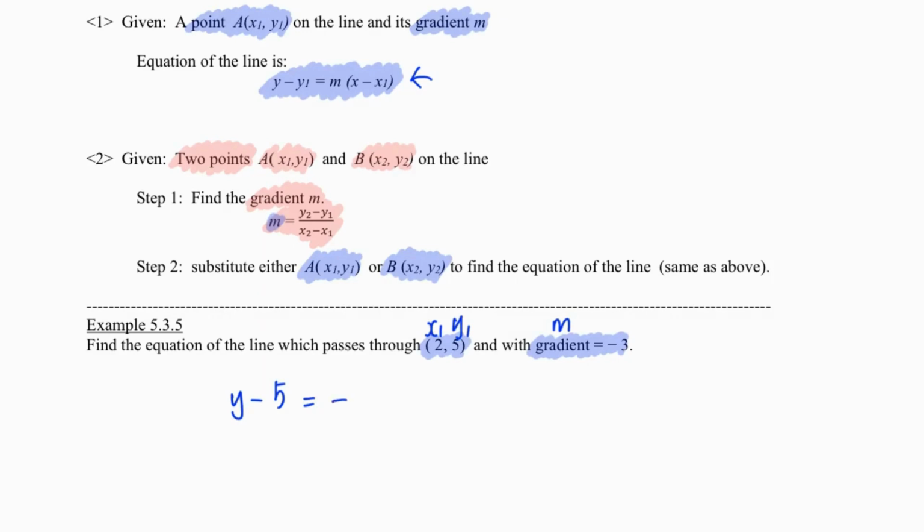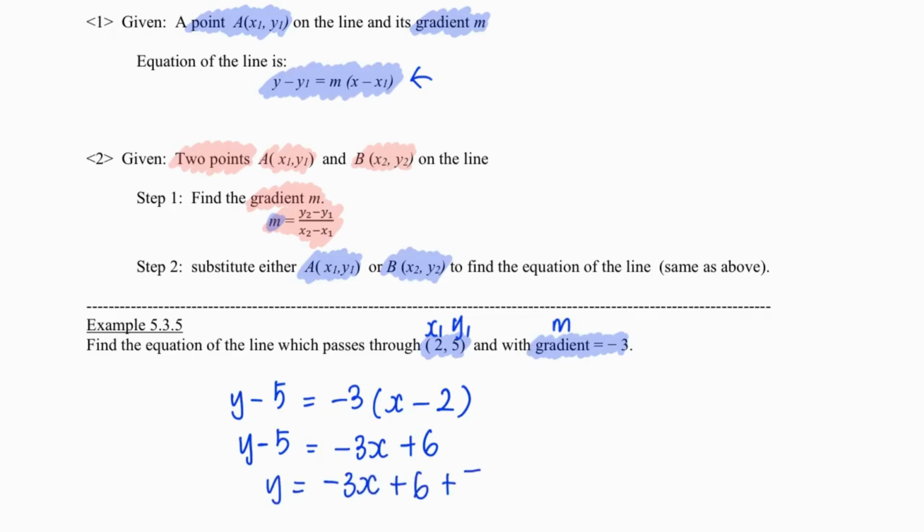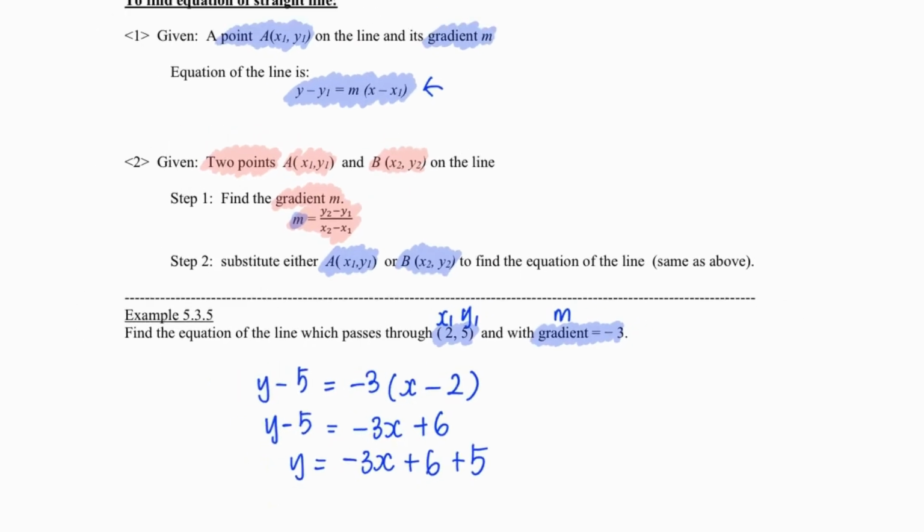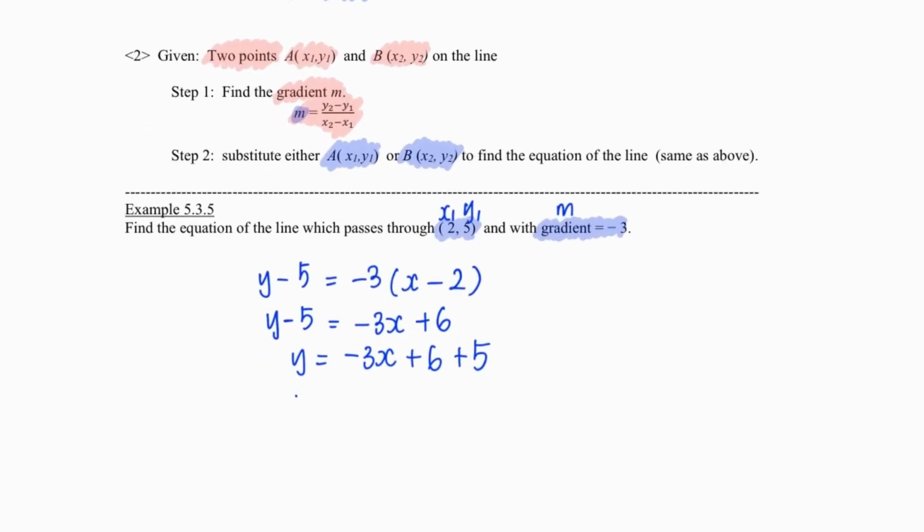M is -3. X minus x1, 2. And just simplify. So this will be -3x, -3 times -2, +6, plus 5 on both sides. And finally, we got the final answer.